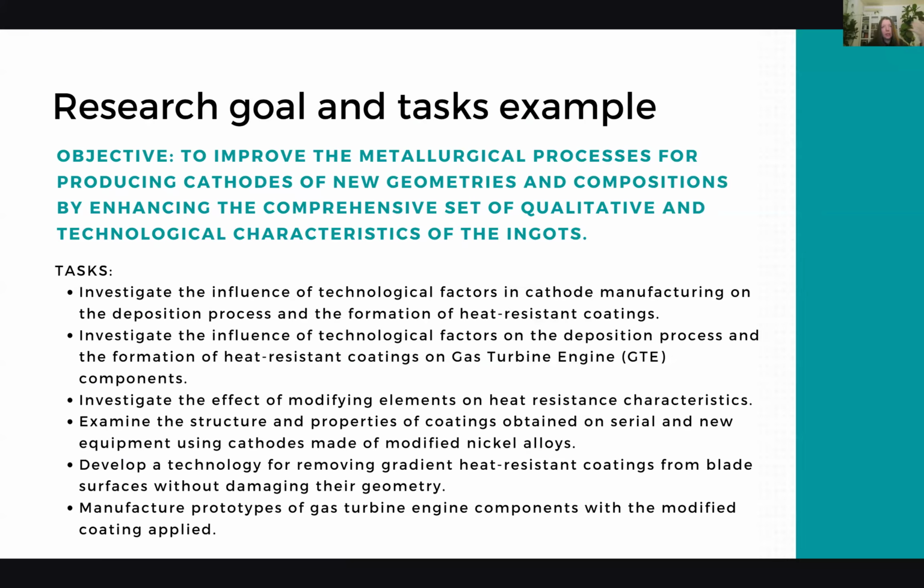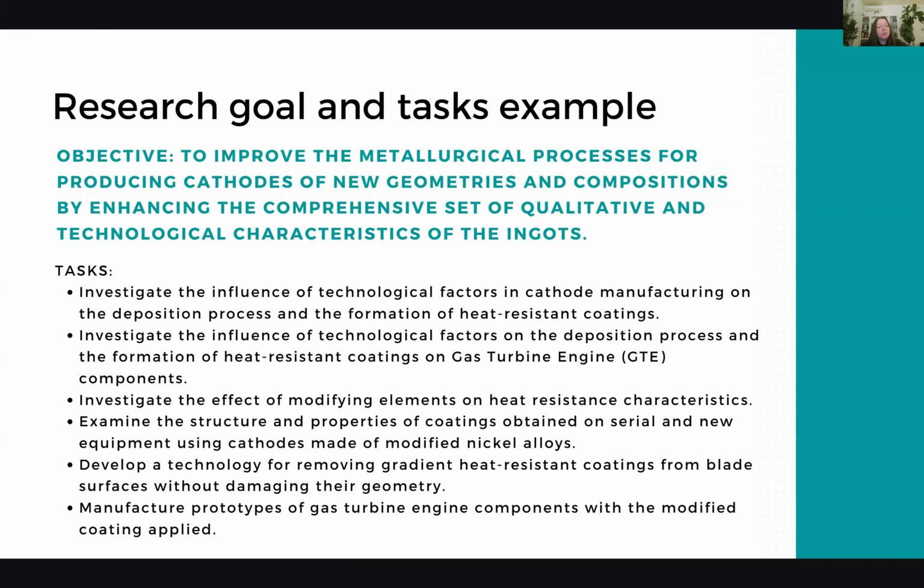So that would be the description process, and the goal of this task would be to create some sort of graph or identify a relationship or a formula for different modifying elements, for example, depending on their quantity introduced to the alloy.